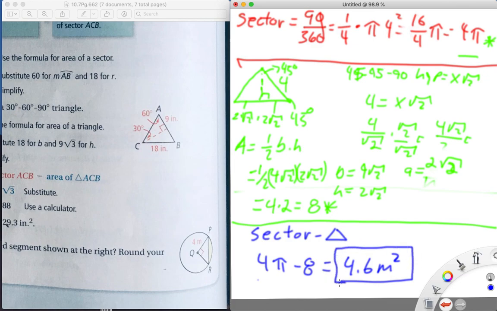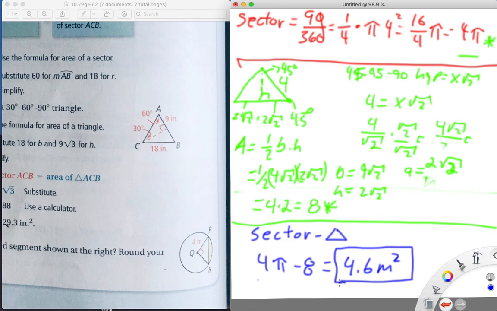So I think the hardest part of this is probably not going to be finding your sector. The harder part is this. It would probably be trying to find your area of your triangle. But remember, the radii will always be basically your hypotenuse. Most of these triangles will probably be in the form of 30, 60, 90.